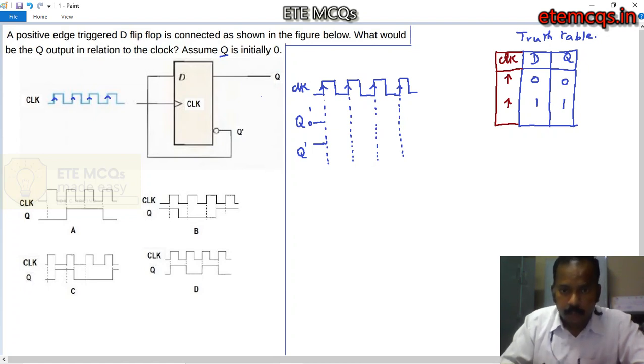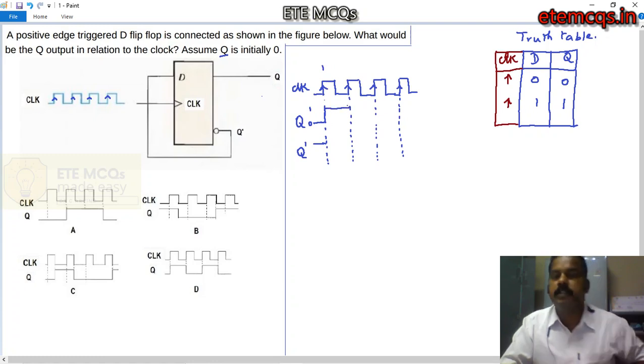So Q bar, when it is applied to D, is 1 at this particular instant. During the first edge triggering of the clock pulse, you will have 1 here. When the D input is 1, the output becomes 1. So obviously the output Q becomes 1, and it remains 1 until the next positive edge triggering.